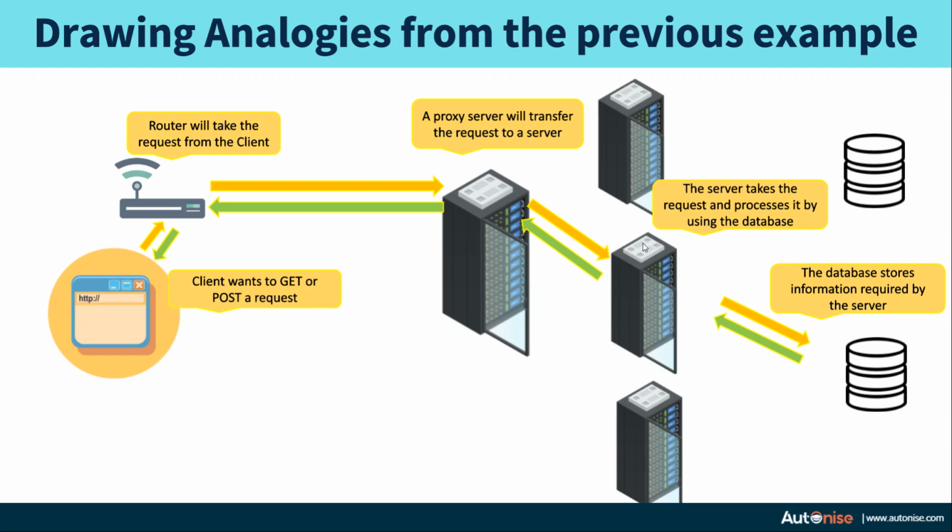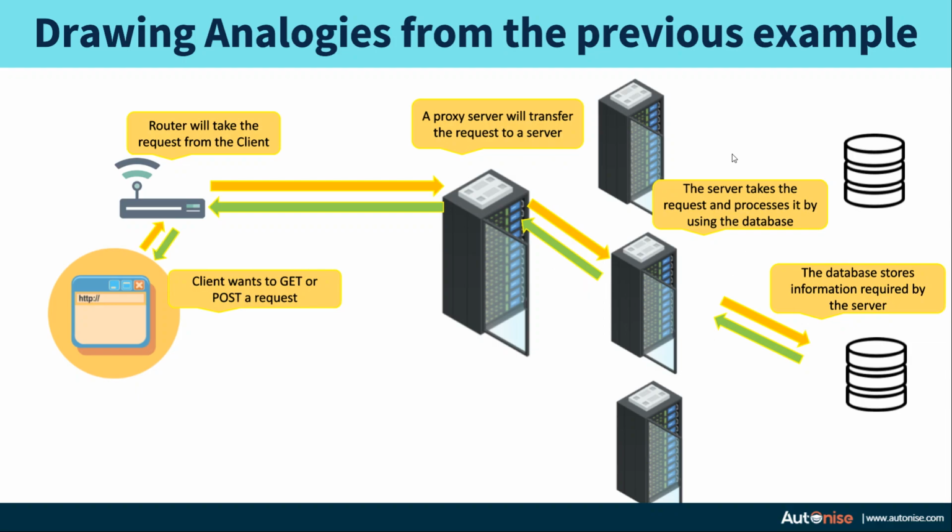To get some data, depending upon your request, it will look at the database where the information is stored. It will get the data from the database, process your request, and send it back to the proxy server, which will then send it back via the routers to the client. So this is how the entire network flows when you send a request to a server.